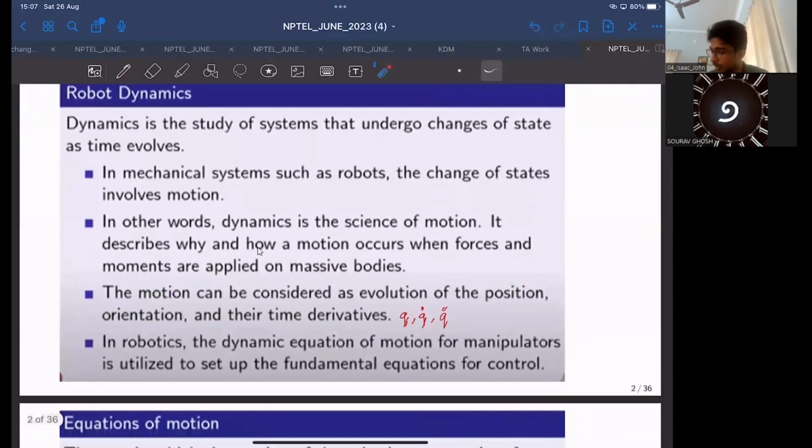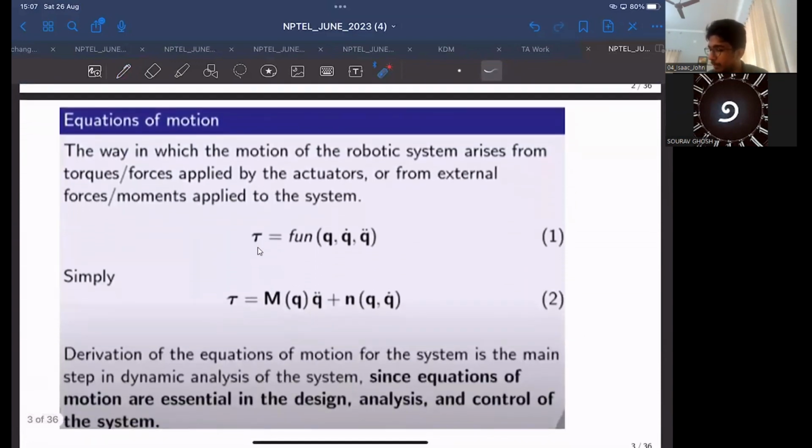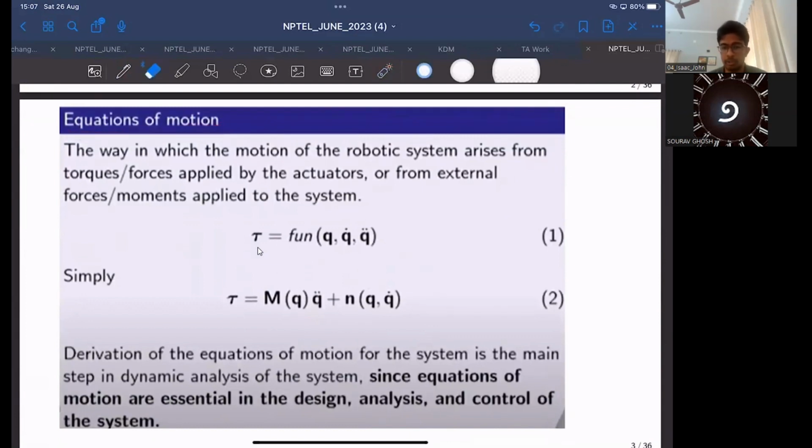So coming to the next step, we'll talk more about equations of motion, which are nothing but the governing equations of how a robot moves. It describes the way in which the motion of a robotic system arises from torques and forces applied by the actuators or from external forces and moments applied to them, right?